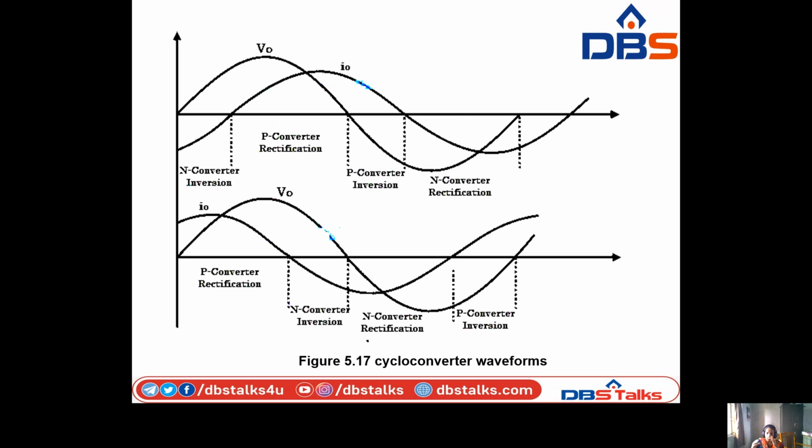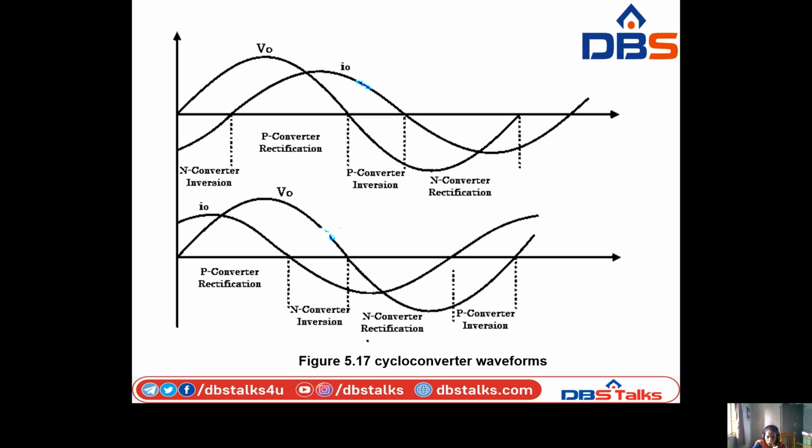For the N converter, at the start it acts in inversion mode. The current starts at the negative side and after that comes into conduction. In inversion mode, it goes on increasing to the positive half cycle, and then the P converter acts in rectification mode.